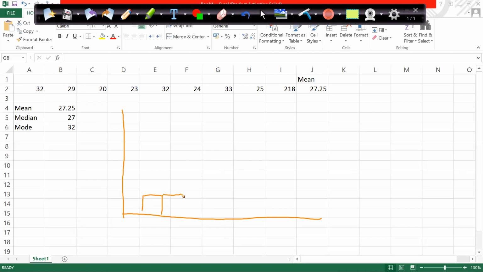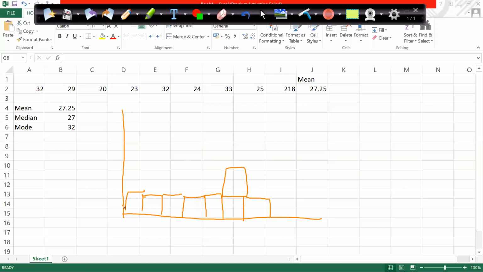Then we have 24, 25, then 32, we have two times, and then we have 33. These are the values, 1, 2, 3, 4, 5, 6, 7. One value is missing, which is 29. So let's say 29. Like this is my 20, the first value.